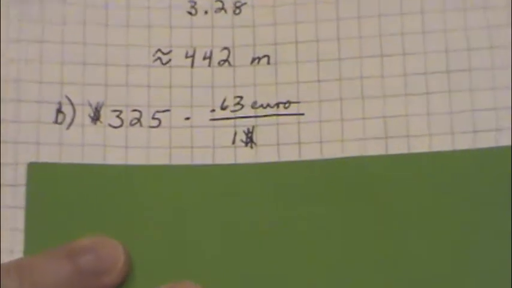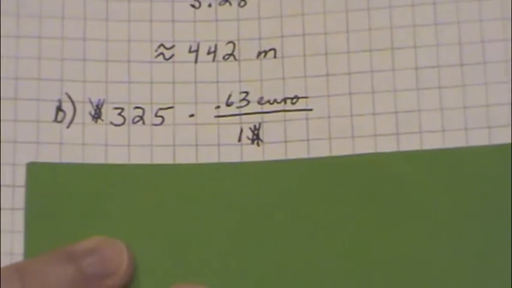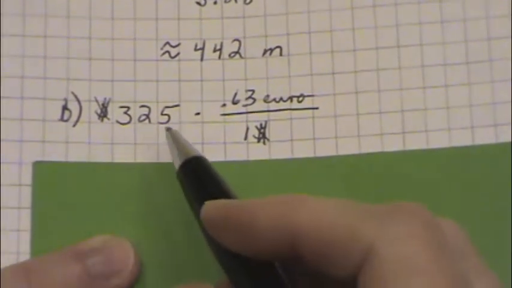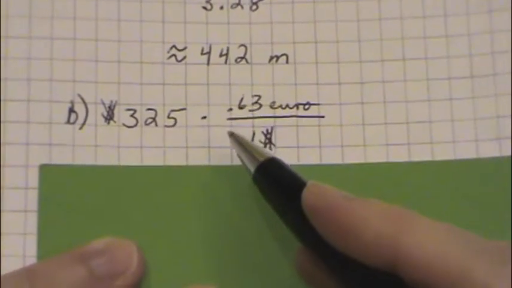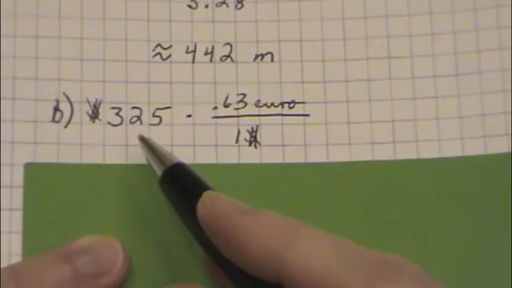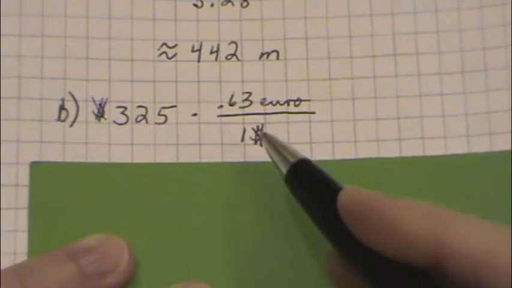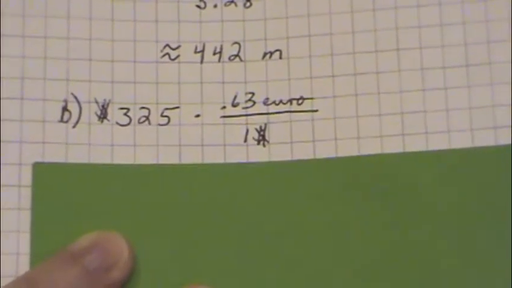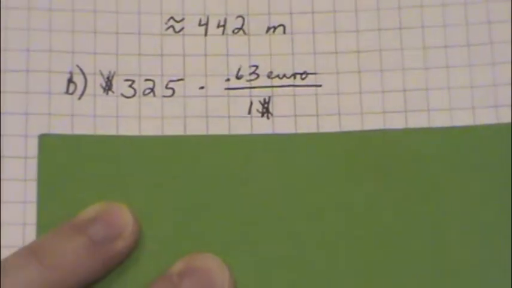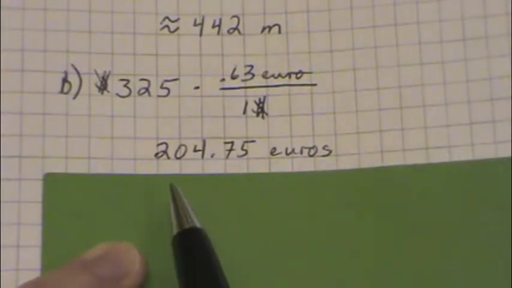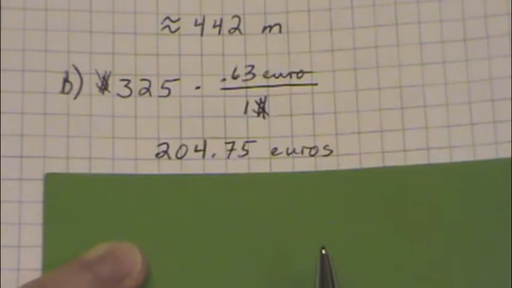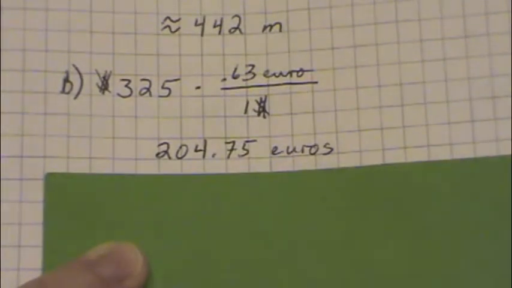So before you even start, hopefully you're thinking, all right, so if I have $325, but there's not even one full euro in a dollar, my answer is going to be smaller than 325. So I have crossed out the dollar signs. We are left with 325 times 0.63 euro, which gives us the answer of 204.75 euros. That's the amount you can get for it.